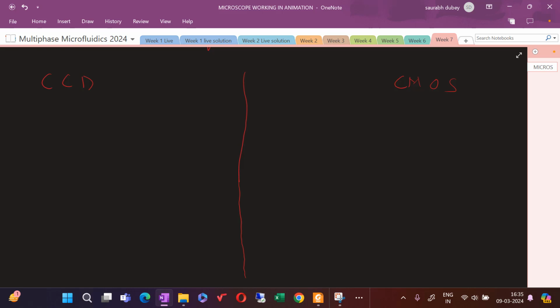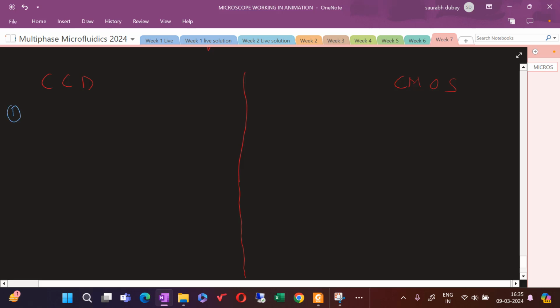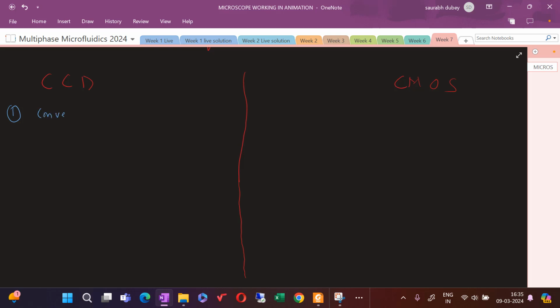So this converts light into electrical charge. And there will be a rectangular channel on that.